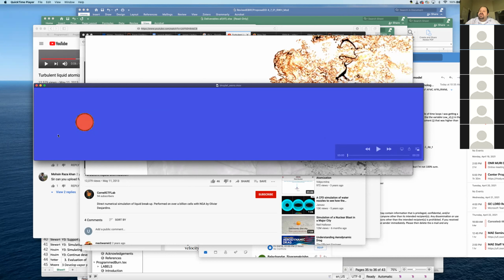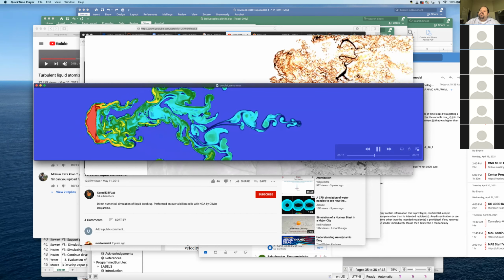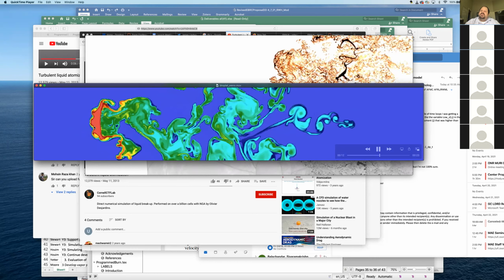Okay, but here, this is one of my first calculations I did when I was getting that two fluid method working. Here, this was a diffuse interface method, so there's no special treatment, no interface sharpening, anything like that. This here would be the volume fraction of the liquid. You can see that the volume fraction of the liquid is becoming very smeared out.